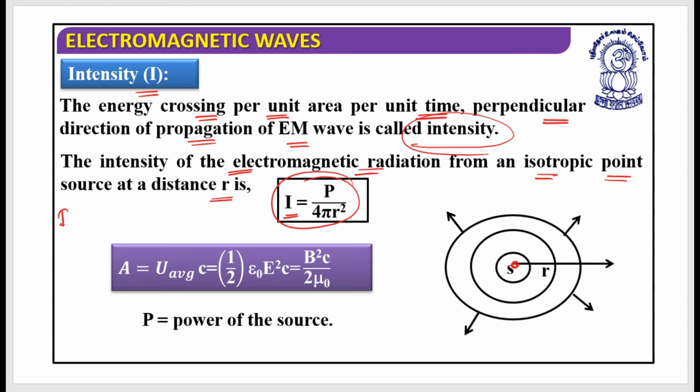It is energy per area per time. Energy per time is the power, and when it is a point source, it radiates the energy in every possible direction, so its surface area is 4 pi r square. This is the intensity for a point source.